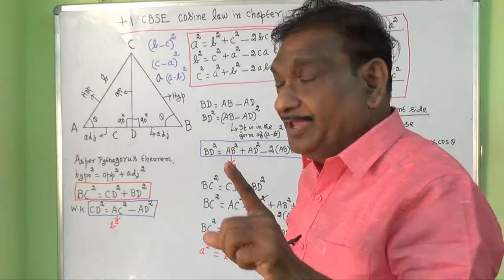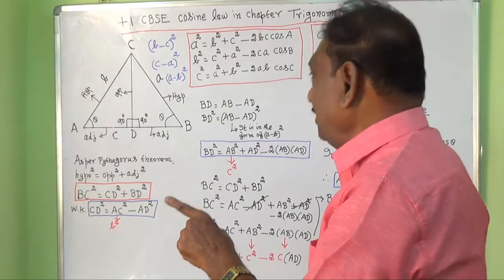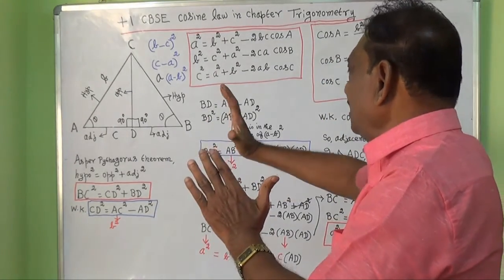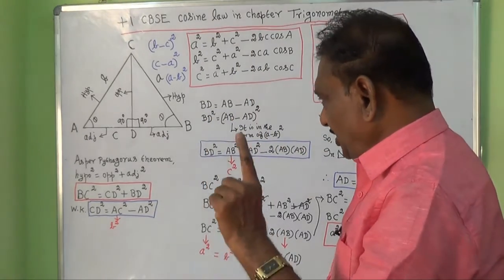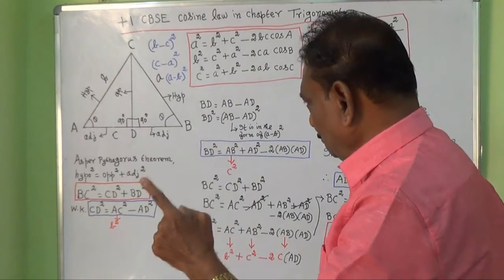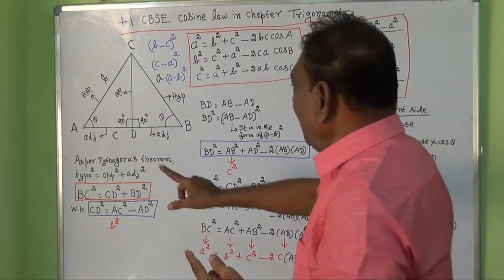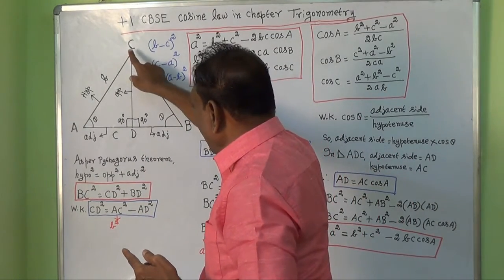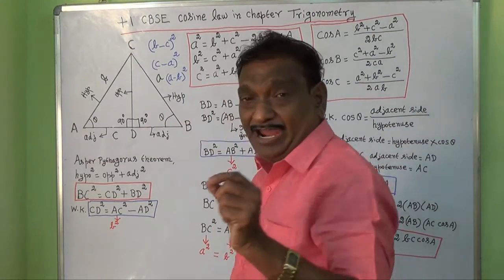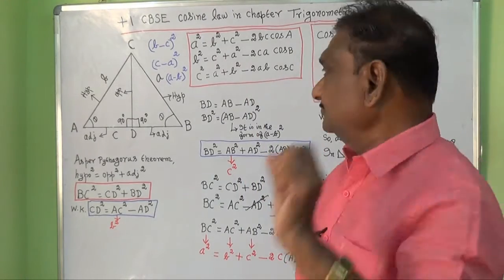Next, we are going to convert this triangle into two right-angled triangles. That is, the triangle ABC is converted into the right-angled triangles ADC and BDC, so that we are getting two right-angled triangles.